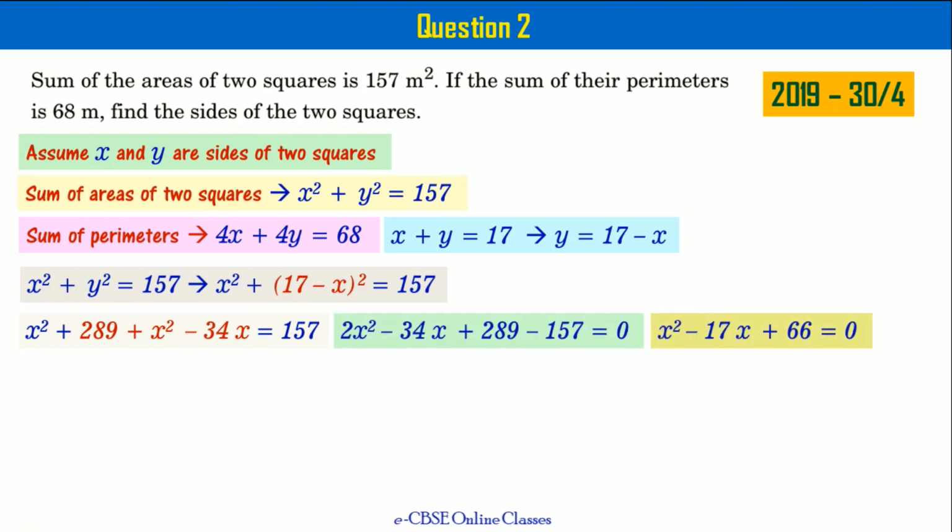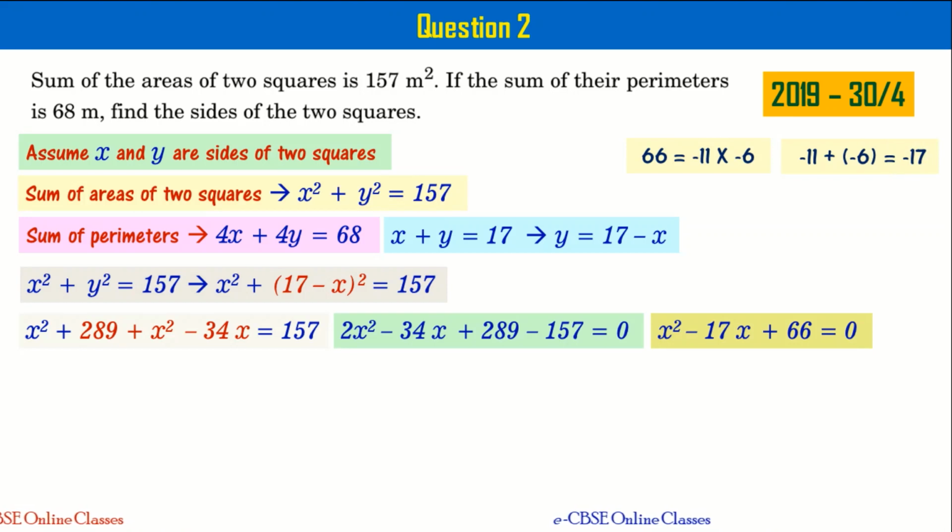Rearrange this and simplify it such that you get a quadratic equation x squared minus 17x plus 66 equal to 0. If you go by solving it using the splitting the middle term method, you can write 66 as minus 11 times minus 6, and minus 11 plus minus 6 equal to minus 17.